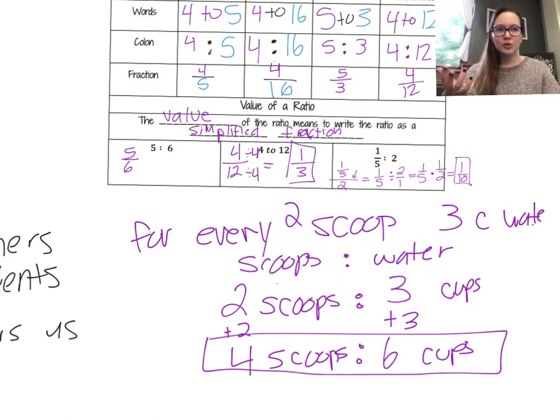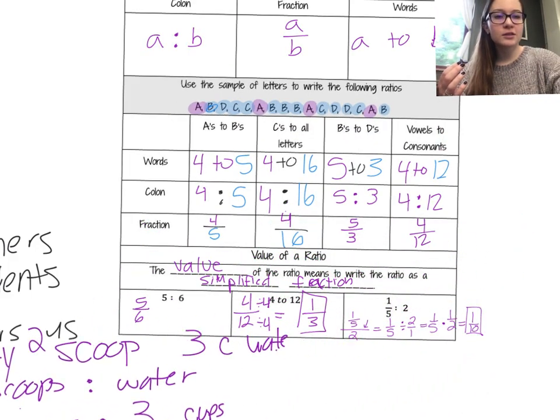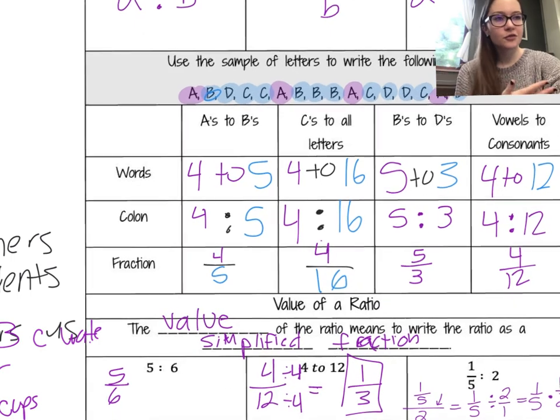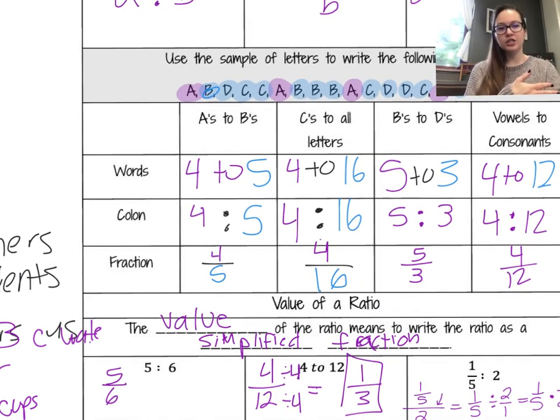If you add too much water, it's weak. It doesn't taste good, right? So for every 2 scoops you add, you have to also add 3 cups of water. So that's kind of what the value means. And it's kind of confusing. Anyway, so writing a ratio, it can be written with words, a colon, or as a fraction, and then the value of the ratio is just the simplified fraction.